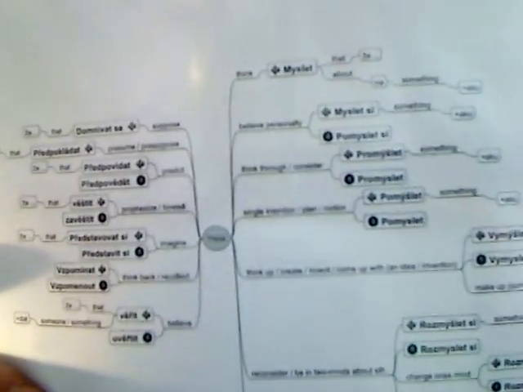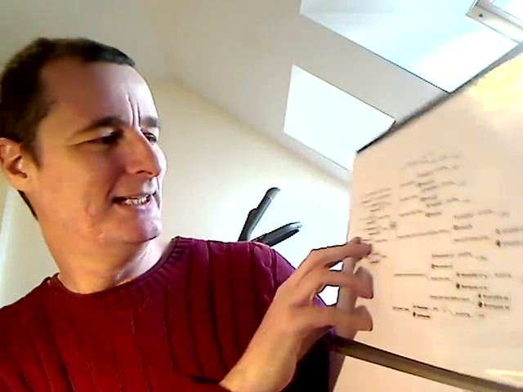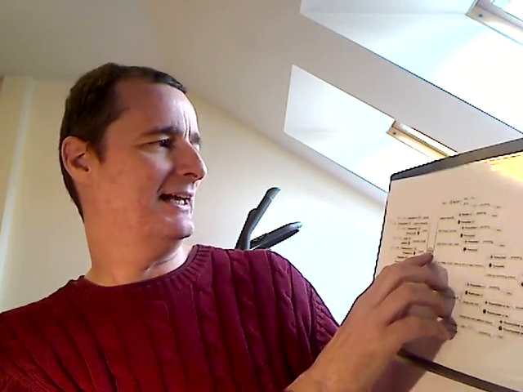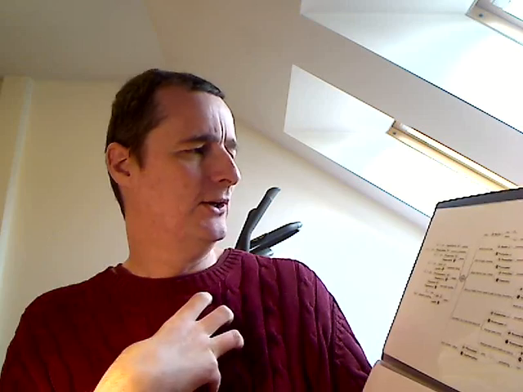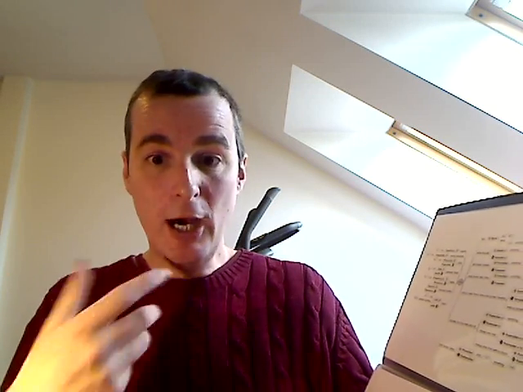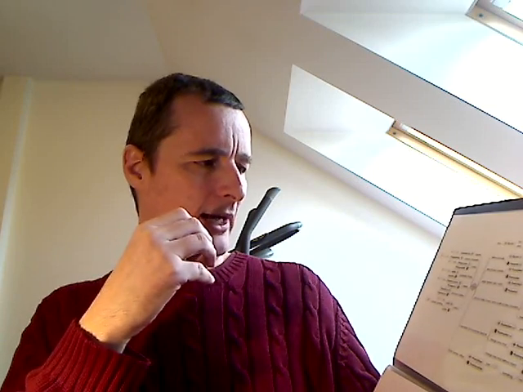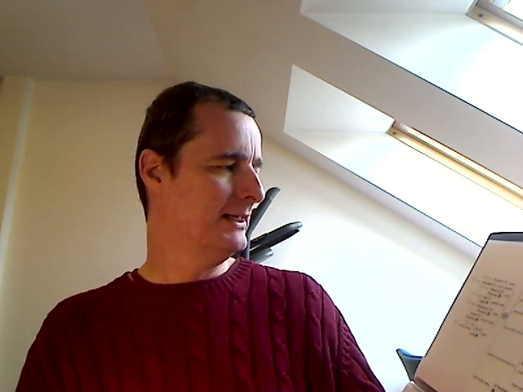I think this is going to be too small for you to see, but it says things like to think a thought, or to think personally, to have a belief, or to think through a problem, to think over something, to rethink something, to think up a new idea, to create something, to ponder on something for a long time, to imagine something, to predict something.